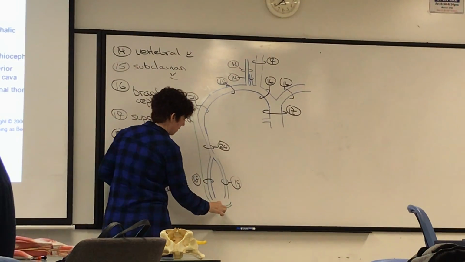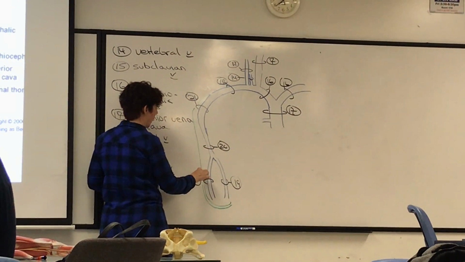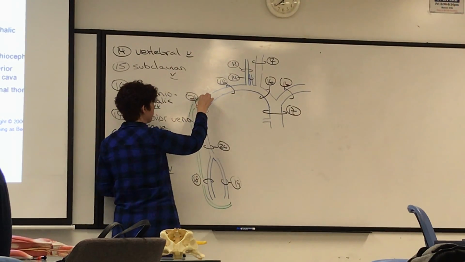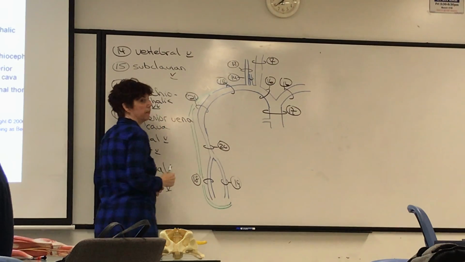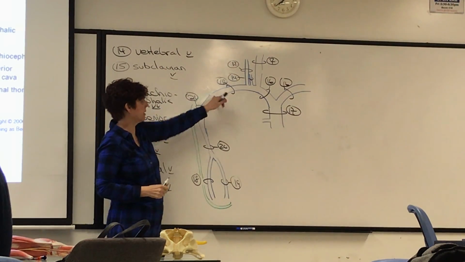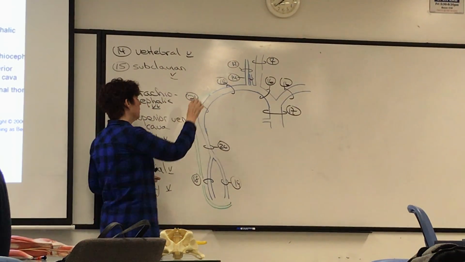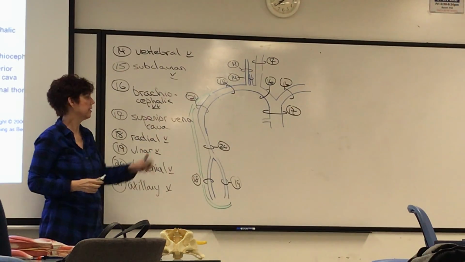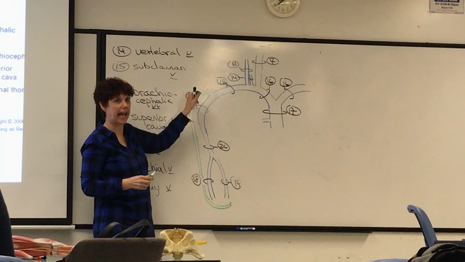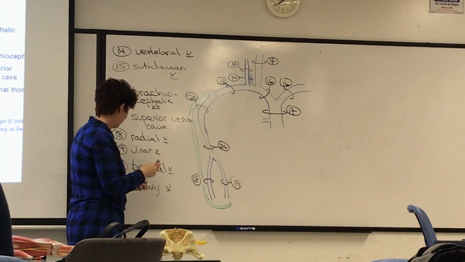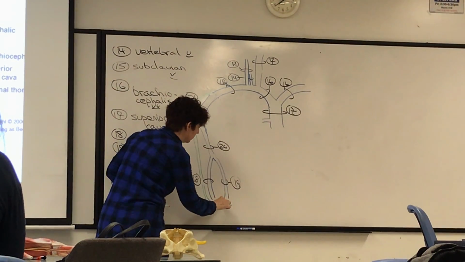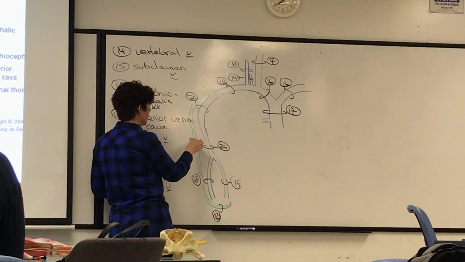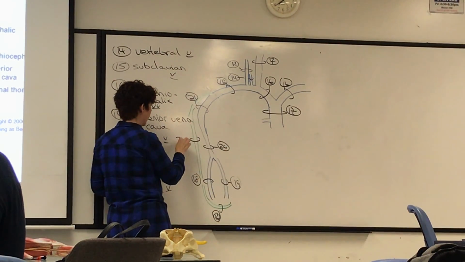So dorsal venous arch becomes the cephalic vein. The cephalic vein travels up the lateral aspect of your upper limb and enters just prior to becoming subclavian. So it actually drains into the axillary. So 22 will be dorsal venous arch, and 23 will be cephalic vein.